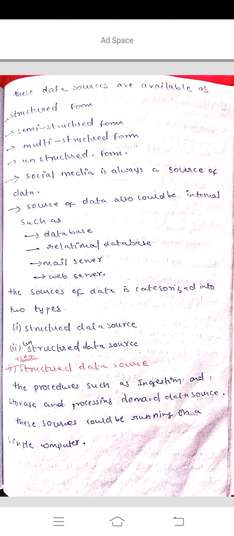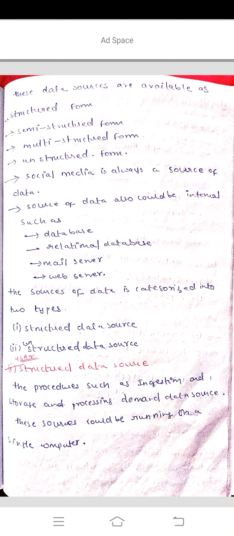Sources of data could also be internal, such as databases, relational databases, mail servers and web servers. The sources of data are categorized into two types: structured data source and unstructured data source. This is the structured data source. It involves procedures such as integration, ingestion, storage and processing.